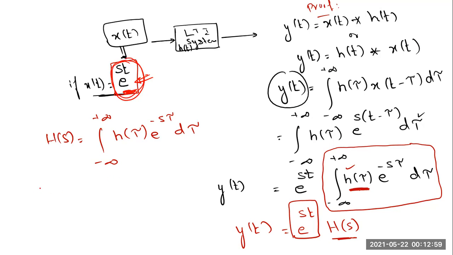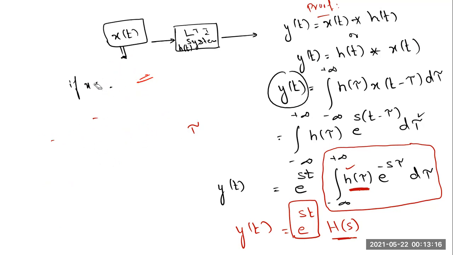So it may be possible that the input x of t is a linear combination of three complex exponential signals.